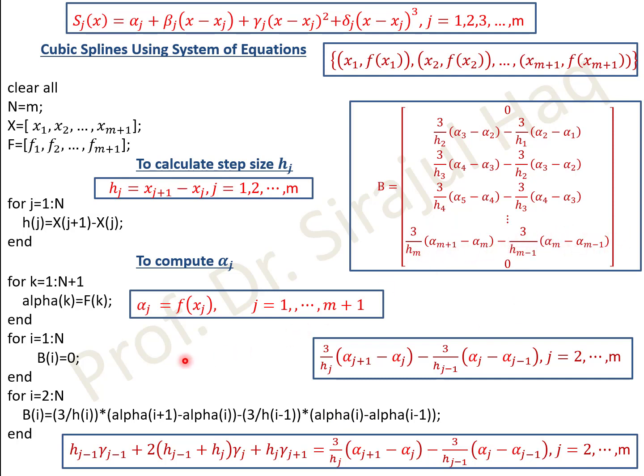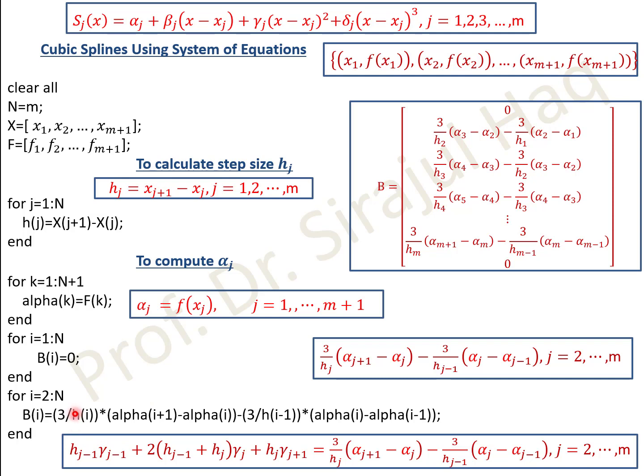So this loop tells you that all the entries are initially 0, and we replace the entries from row number 2 up to row m by this expression, and it will exactly give you the values like this.